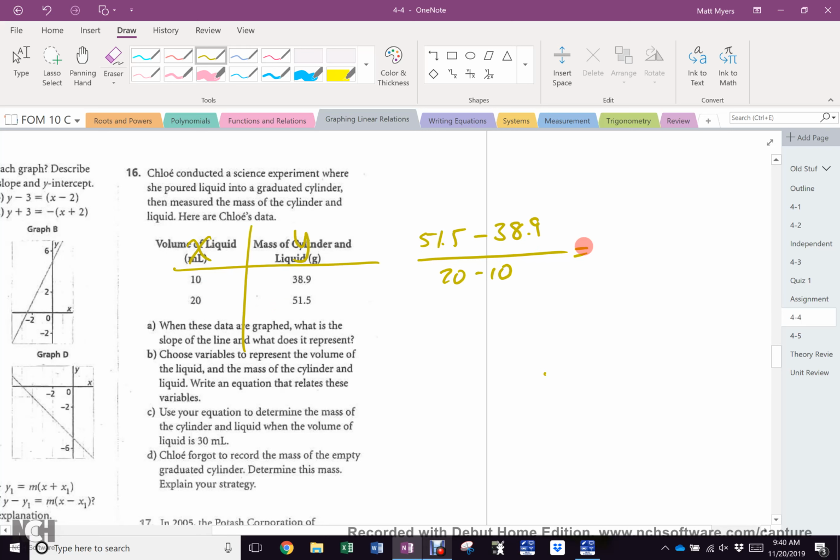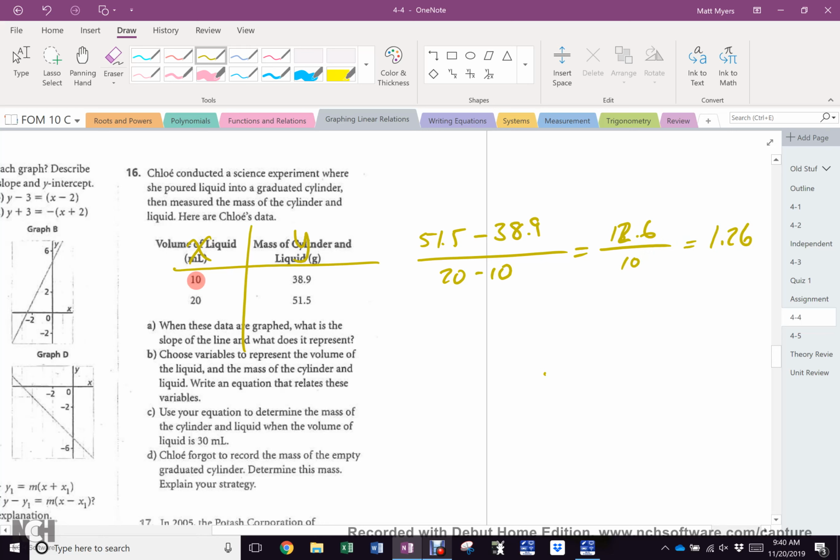Using your calculators, because that's hard to do in your head. Pardon me? 12.6 over 10, 20 minus 10, which would be 1.26, yes? So that is my slope, agreed?